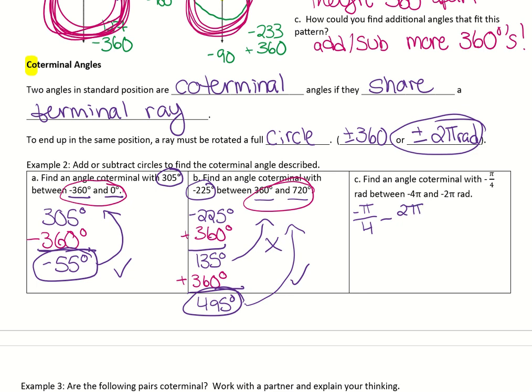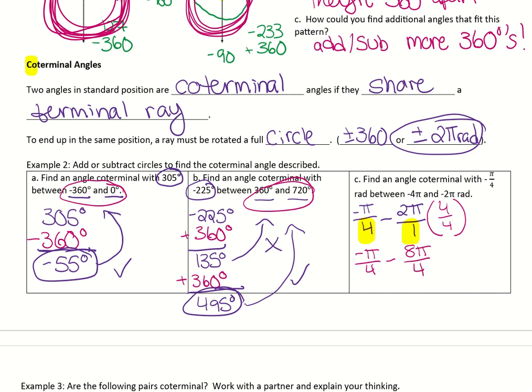So we're going to subtract 2 pi, and I'm going to put it over 1 so we can subtract our fractions. Now remember, to subtract fractions, your denominators have to match, and they don't right now, do they? We're sad. So what do? If we multiply this right side by 4 over 4, we can rewrite the problem as negative pi over 4 minus 8 pi over 4.